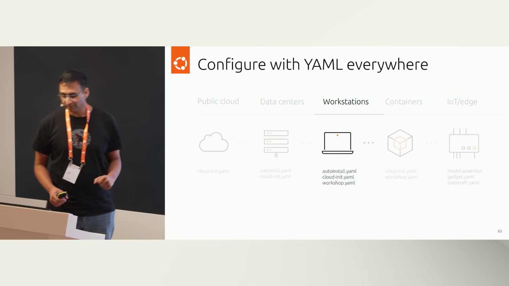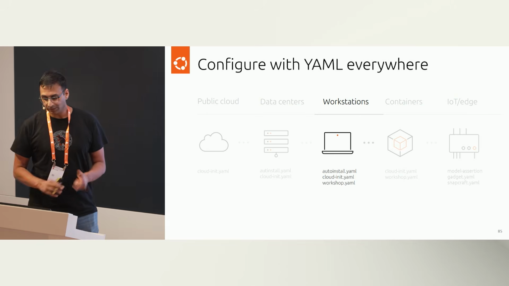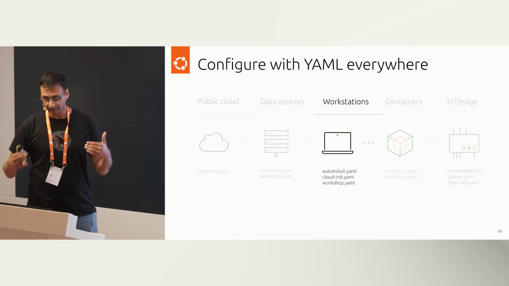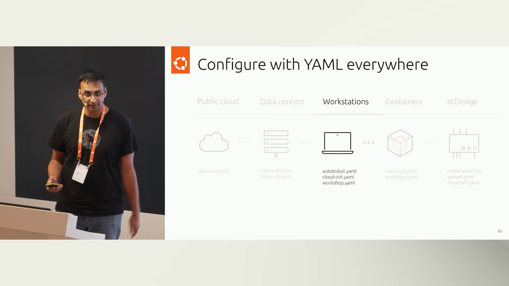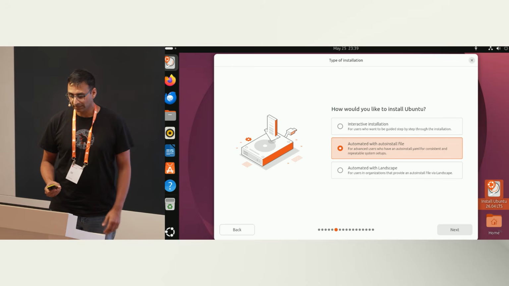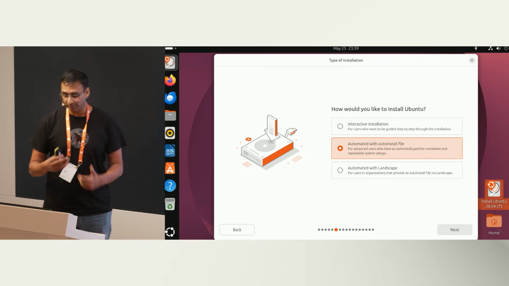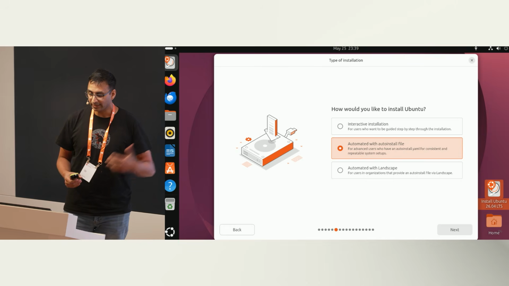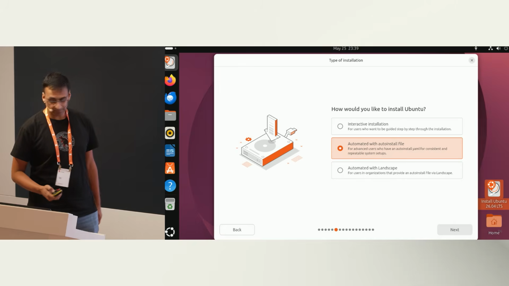Now let's bring this home to something we deal with every single day, our local workstations. We can use that exact same enterprise cloud scale engineering and run it right on our laptops to manage our daily developer environments. So for Ubuntu desktop users, the autoinstall YAML file is consumed by the Ubuntu installer, and it can be downloaded from the web or uploaded locally during Ubuntu's installation.